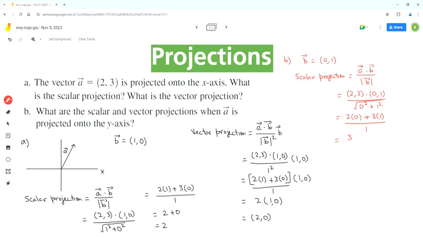Now we can find the vector projection. So we'll start with the formula.